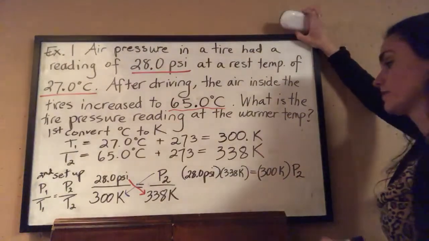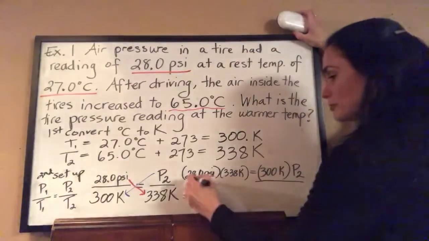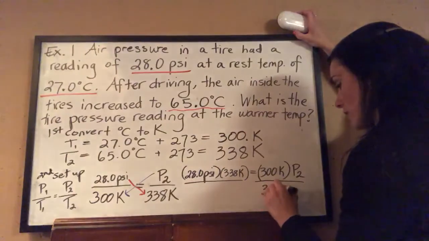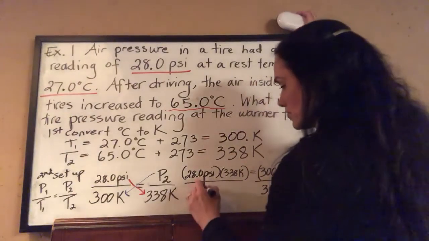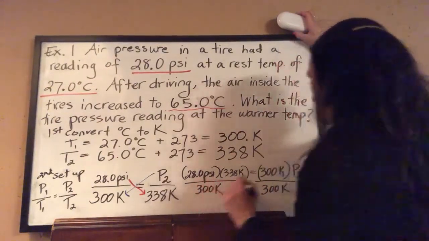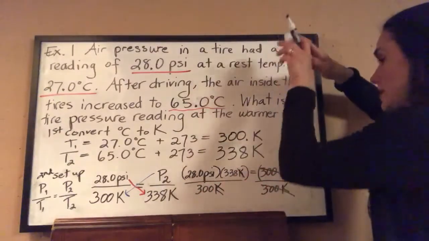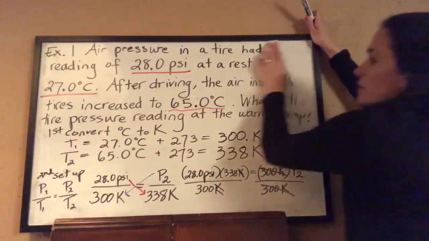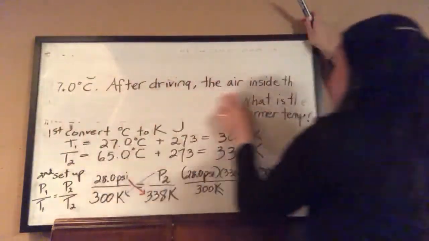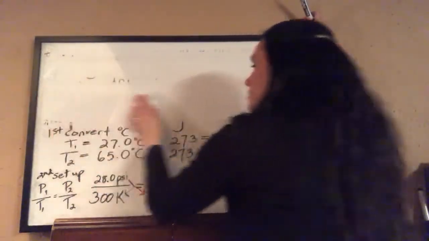All right. So now we want to solve for P2. So we want to divide both sides of the equation by 300 Kelvin. All right. So I'm going to just erase the word problem here so I can show the rest of the math up here.